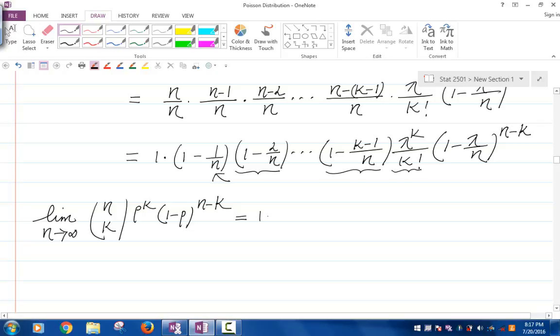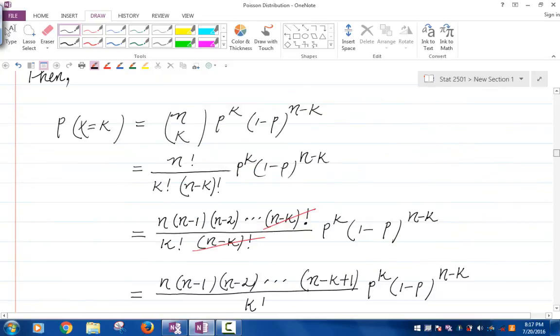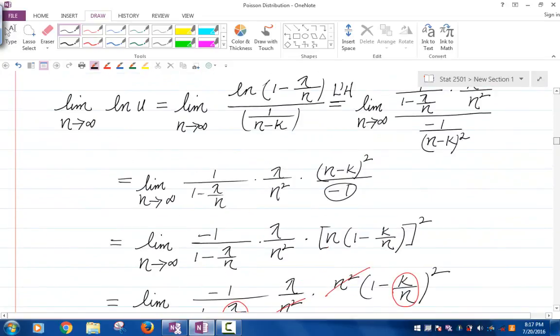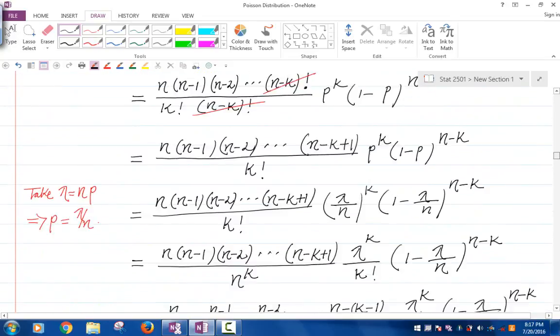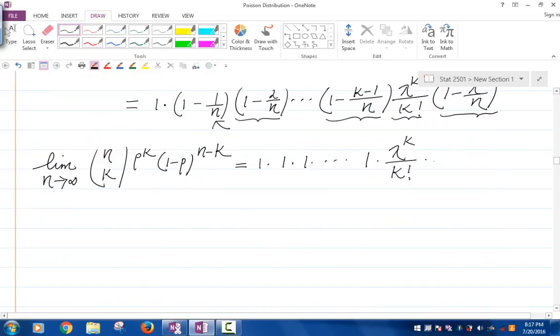So we get 1 times 1 times 1 times dot dot dot 1 times lambda to the k over k factorial. And the last thing here, we computed the limit of that, and the limit of that, remember, turned out to be e to the negative lambda. So I get e to the negative lambda.